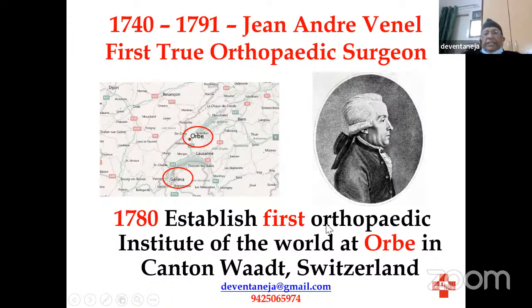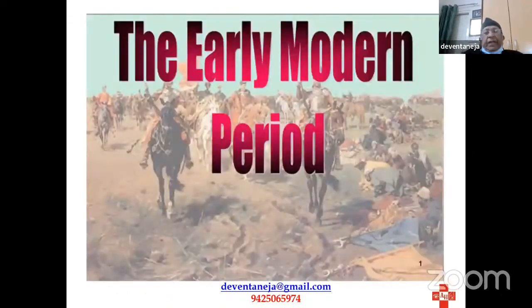This is given the credit of being the first orthopedic institute of the world, Orbe Venel. You come to know this when you search the books and literature, and then you get this very interesting information.